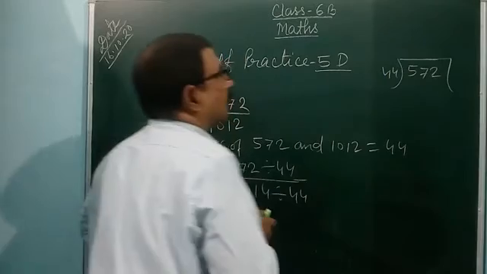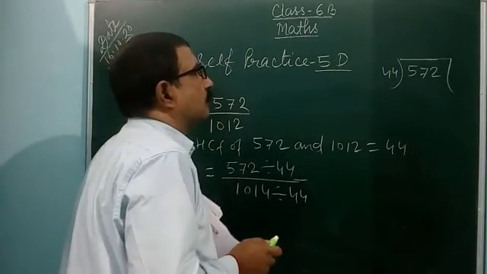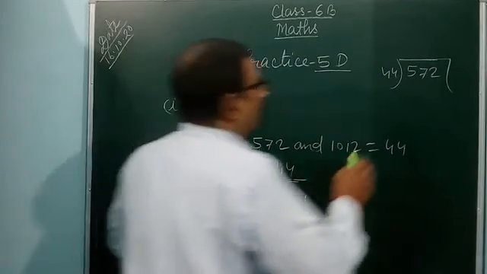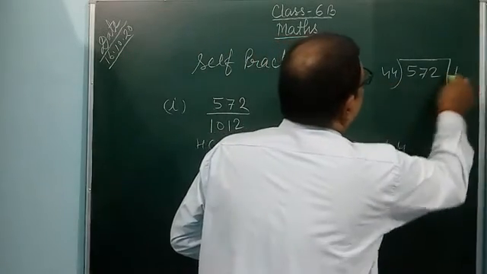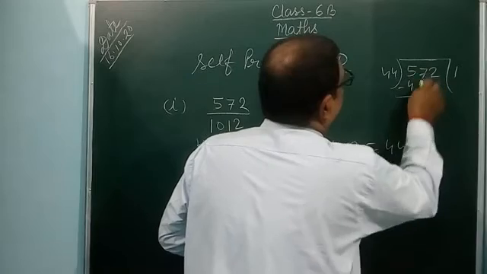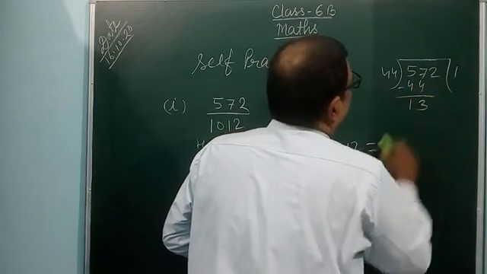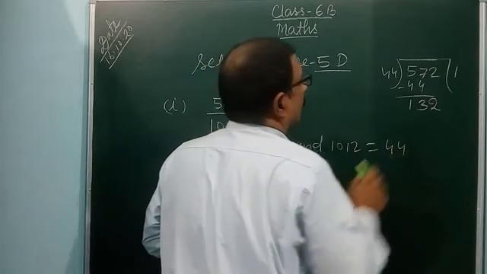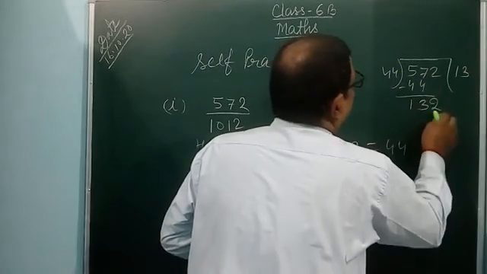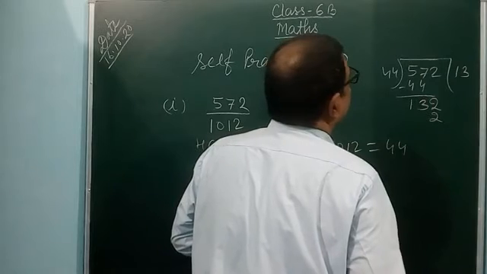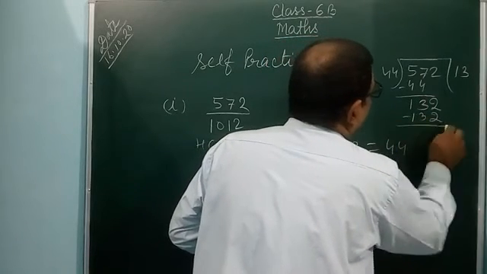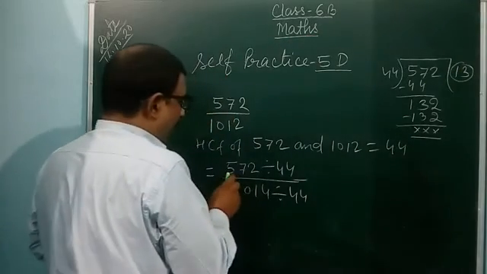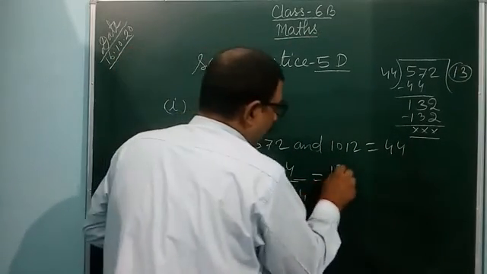You can see 44 1 times 44, 7 minus 4 is 3, 5 minus 4 is 1, 13, here 2. Again, 3 times 4 is 12, 2, 1 carry, 3 times 4 is 12, 1, 13. So 13 will come. If you divide 572 by 44, 13 will come.